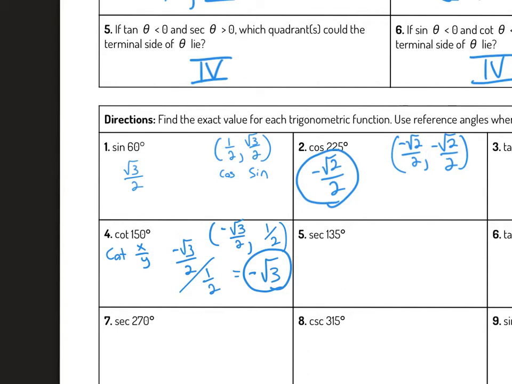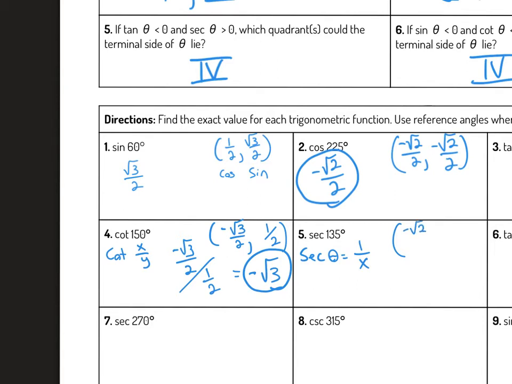The secant of 135. Now, secant is the reciprocal of cosine. So the secant of any angle is 1 over the x-coordinate, because it's the reciprocal of cosine, and cosine is the x-coordinate. What are the coordinates of 135 degrees?